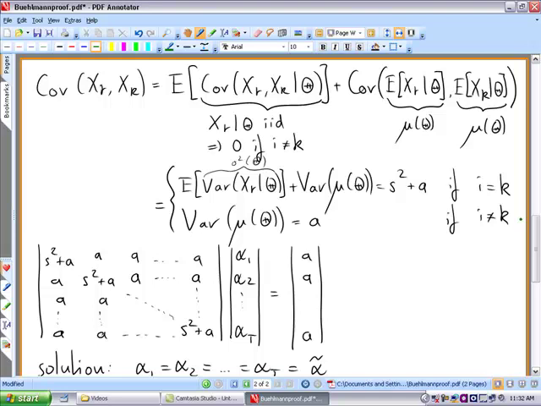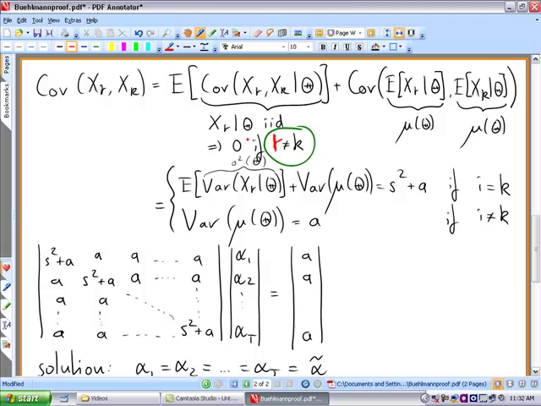The conditional covariance is zero, but only if t is different from k. If these are the same, then you have the variance of x given theta, which is sigma square of theta.